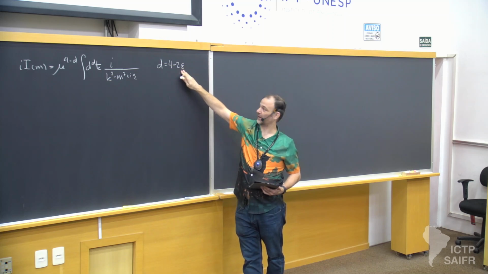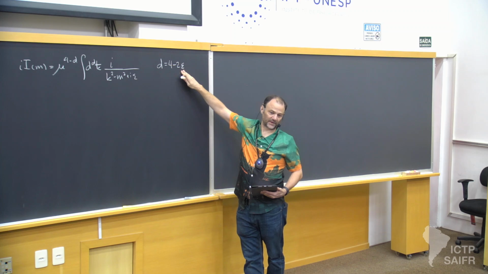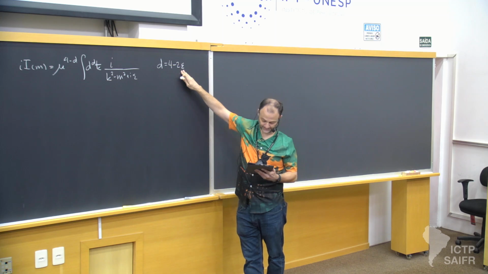We're giving a small correction to 4 dimensions. And this is just a mathematical trick to understand how to isolate the divergences of the integral. Essentially, it's like some enhanced complex analysis. I'm looking at Andrew to see if he agrees.